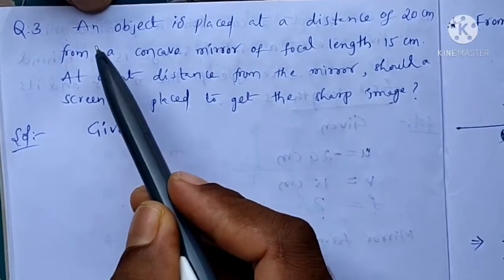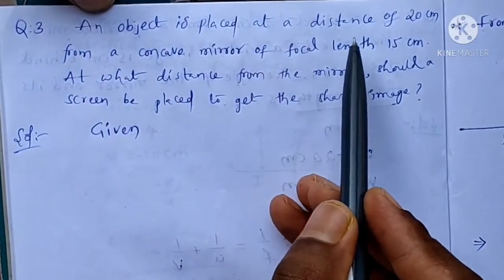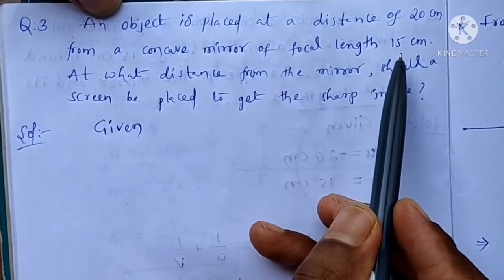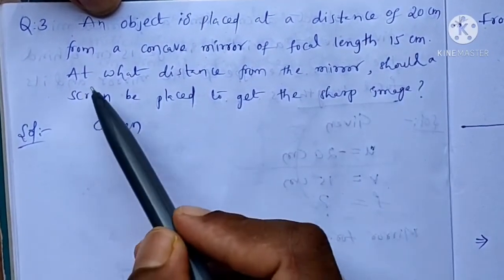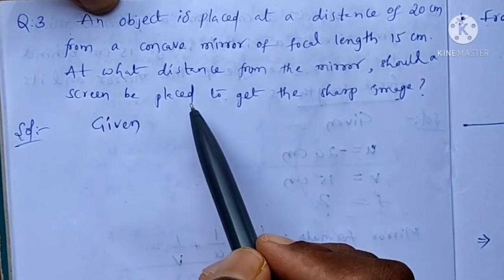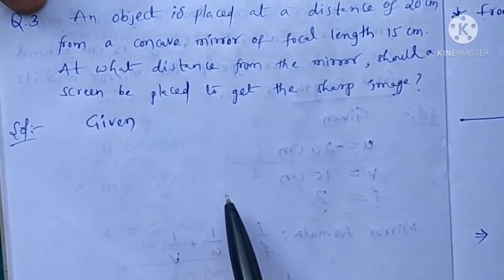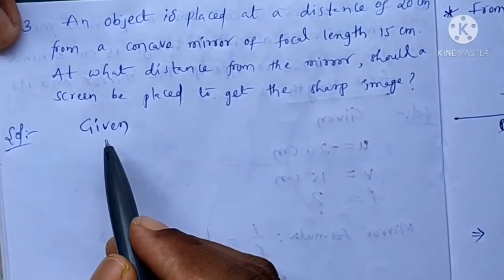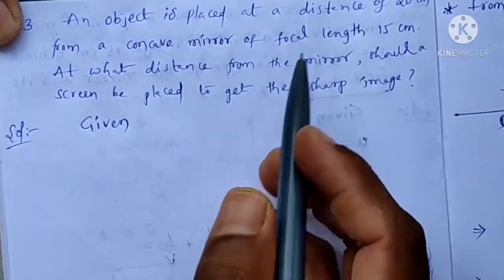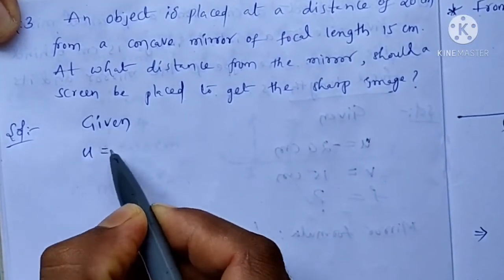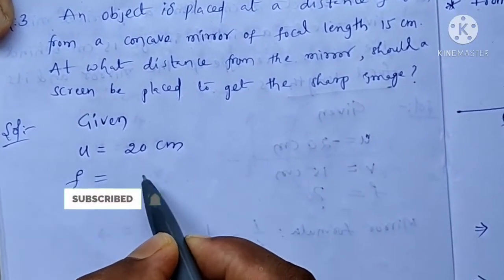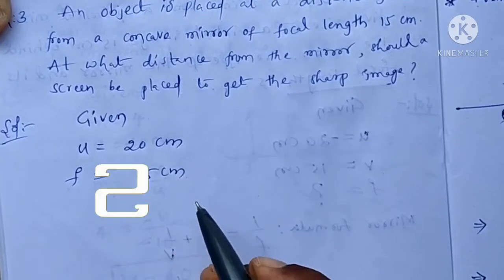The next problem: an object is placed at a distance of 20 centimeters from a concave mirror. The focal length is 15 centimeters. At what distance from the mirror should a screen be placed to get a sharp image? First of all we write the given. Object distance u is 20 centimeters, and focal length f is 15 centimeters.